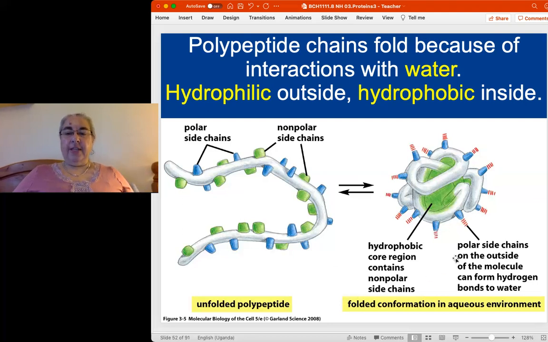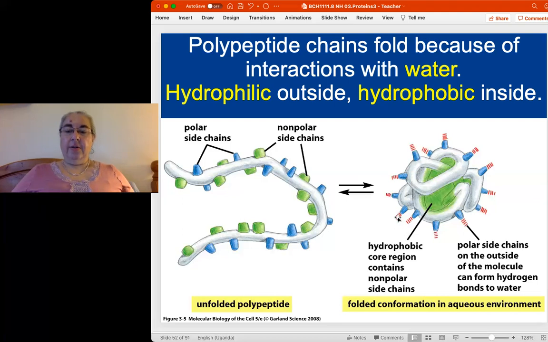Okay, so this is what happens in a watery environment, an aqueous environment, and of course physiological conditions, conditions inside cells, conditions inside the body, are an aqueous environment, a water environment.